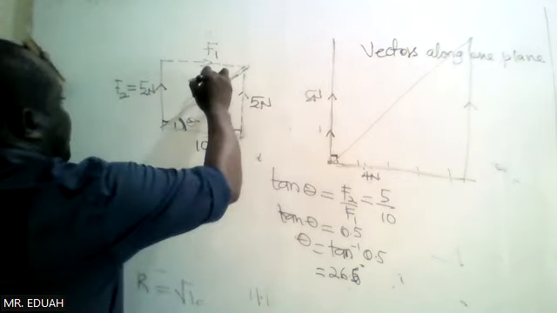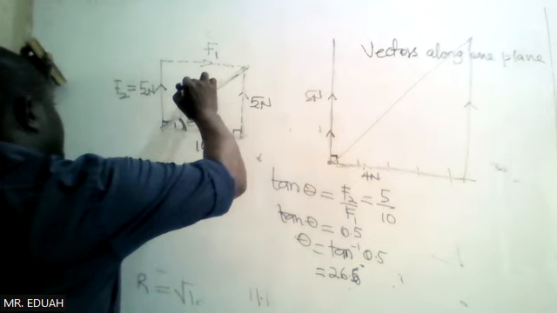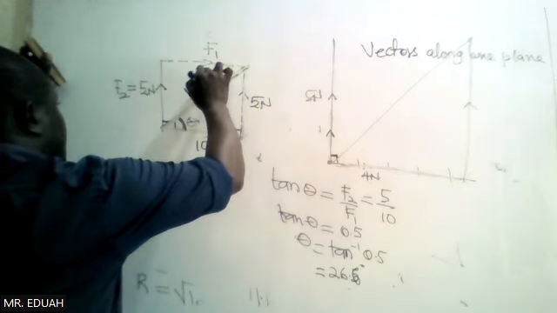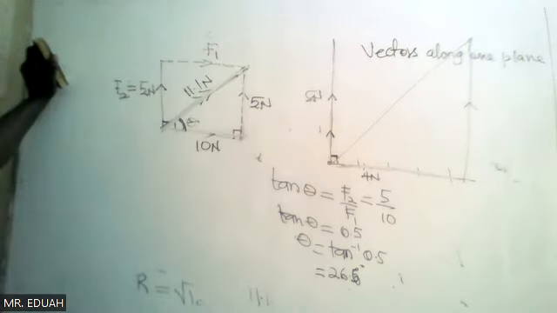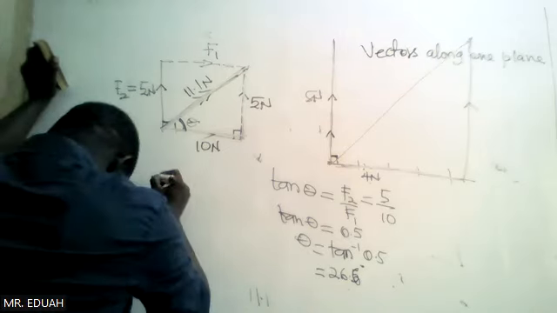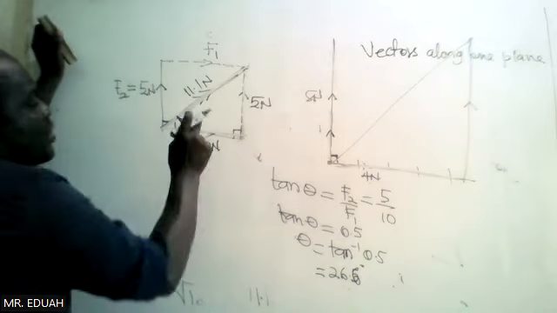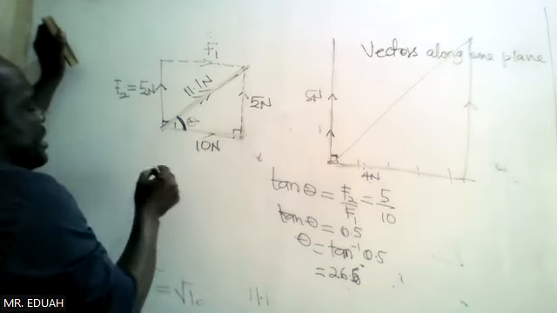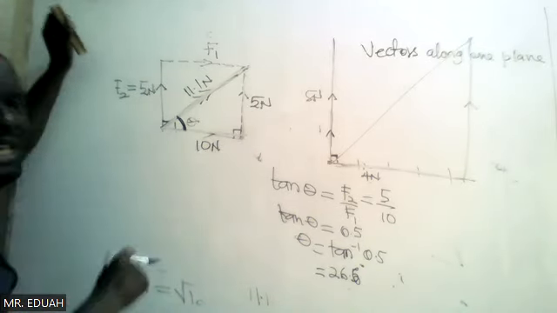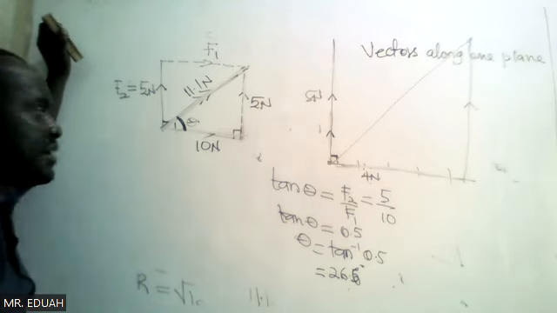We found the hypotenuse, which is the resultant, 11.1. What I'm saying is that here we are only looking for the direction of the resultant. And since you have this side, this side, this side, you can use any appropriate trig ratio to find the direction.